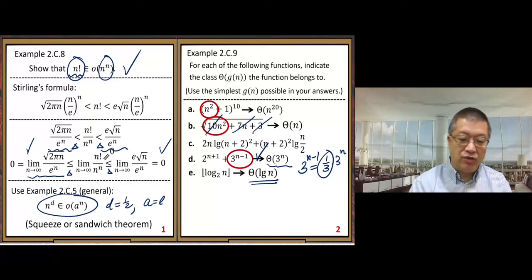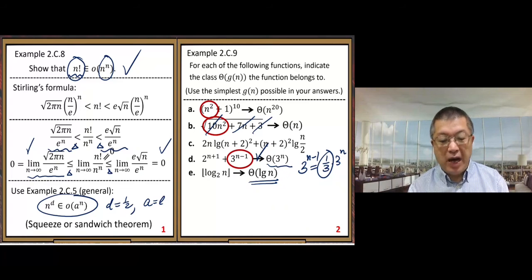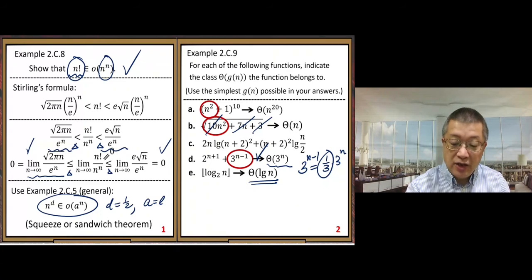Then the last one, C. Which term is dominant? The second term is dominant, not the first term. The first term is much smaller than the second term. Why? In the second term, you have the square.